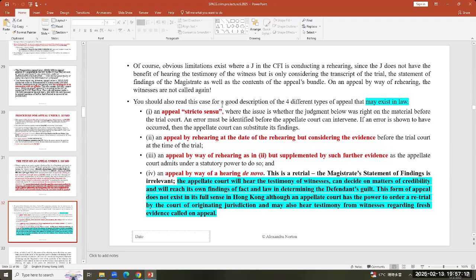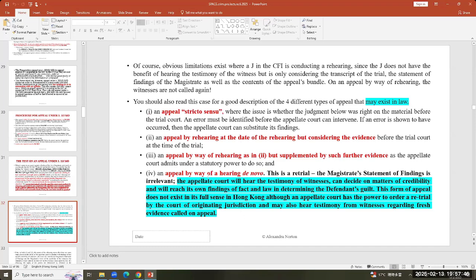It exists in other jurisdictions, but it doesn't really exist here. The slight exception is that if fresh evidence is being introduced on appeal, then the appellate court can hear the testimony of the witnesses about that fresh evidence. So it's like a semi-little de novo. But generally, the Court on Appeal has the power to order a retrial, but doesn't conduct the retrial itself.